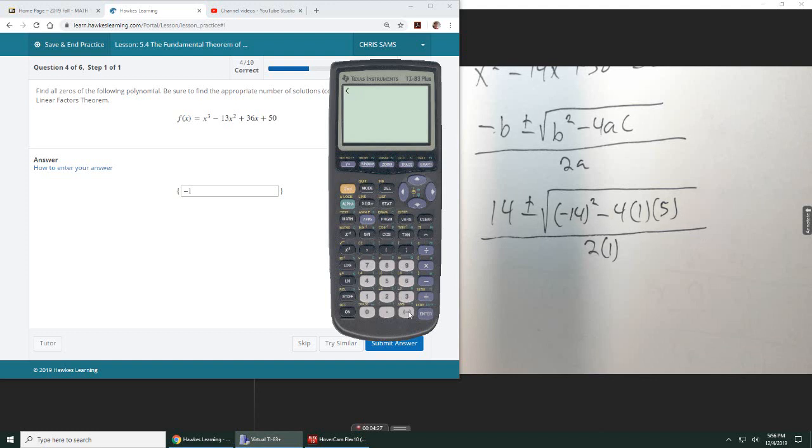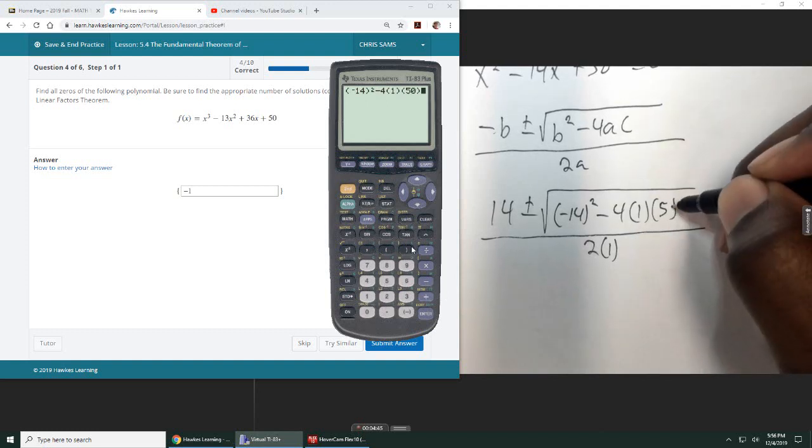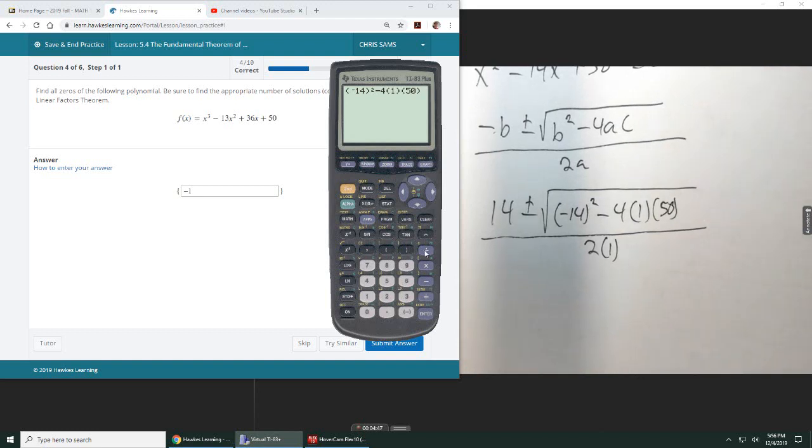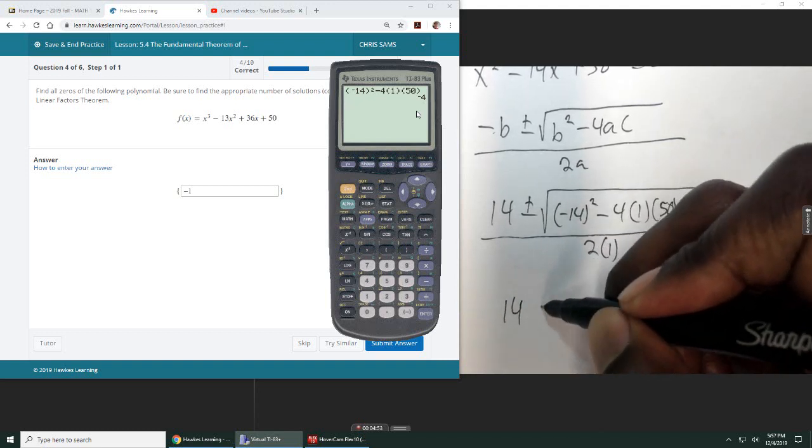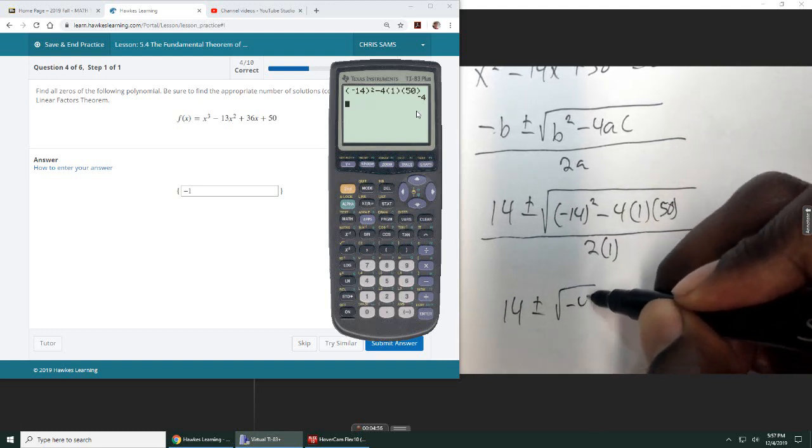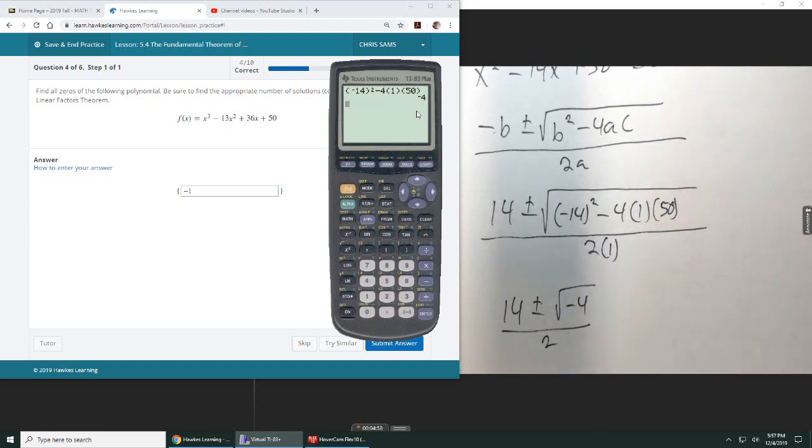So parentheses, -14 squared, and then minus 4 times 1 times 50. This is 50. Okay. And this will give me -4. Okay, so we have 14 plus or minus the square root of -4, all divided by 2.